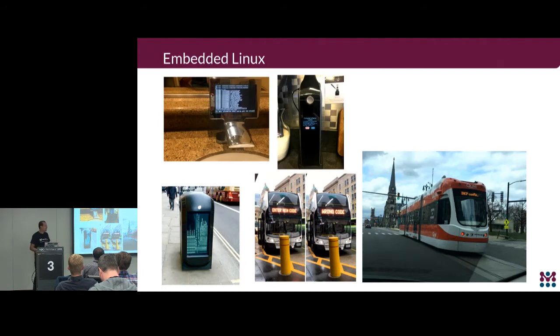So embedded Linux is pretty much everywhere nowadays. I like seeing these failures in real life, where you realize that here you have a trash can that has a kernel panic for some reason, or a faucet. There is software in everything nowadays, and in the future as well.